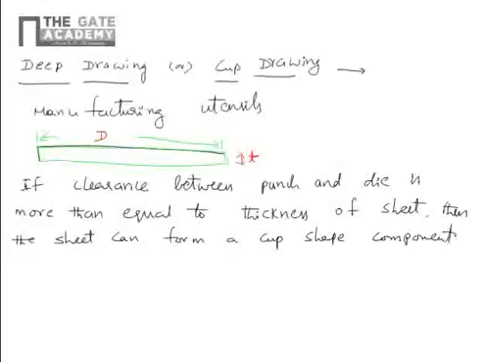So what it explains is, if the clearance between punch and die is nearly equal to the thickness or more, then the sheet goes to a bending operation instead of a cutting operation.